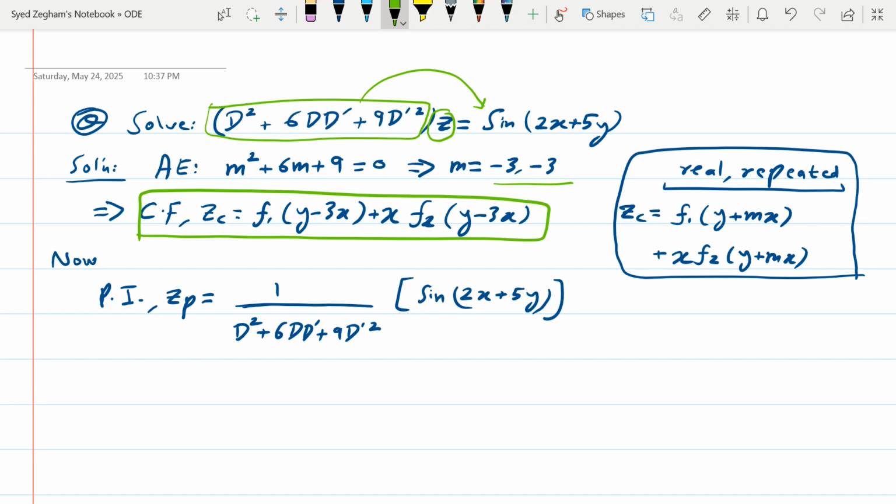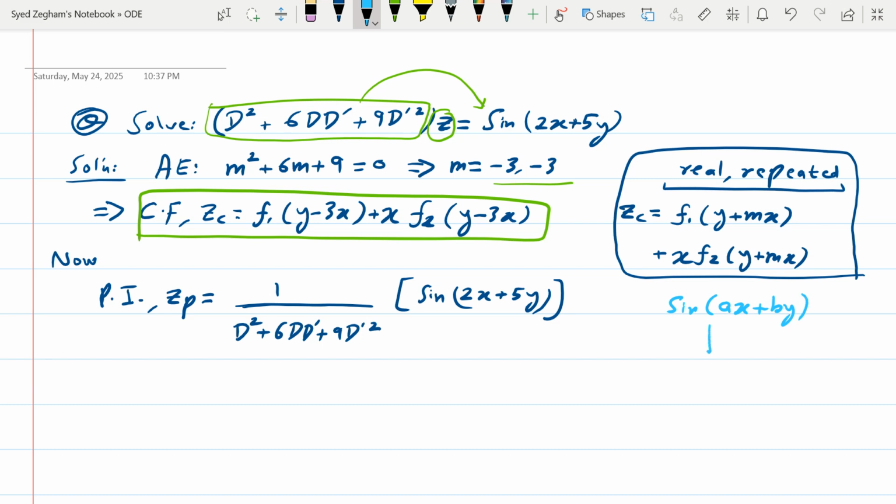Now, in this question, the right hand side function is sine 2x plus 5y, or generally we can say it is of the form ax plus by.